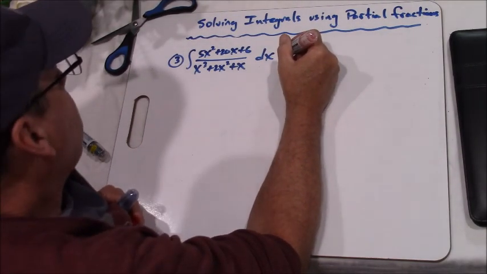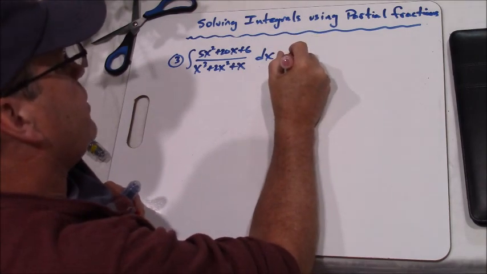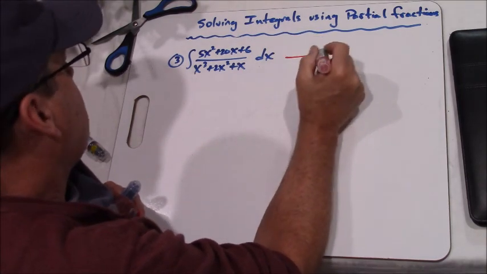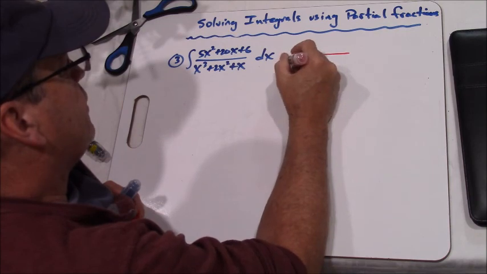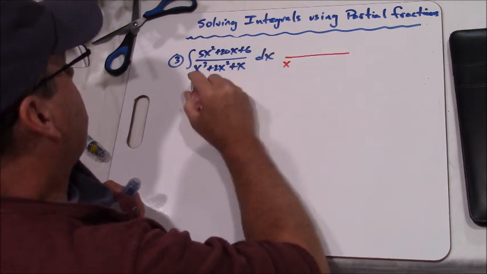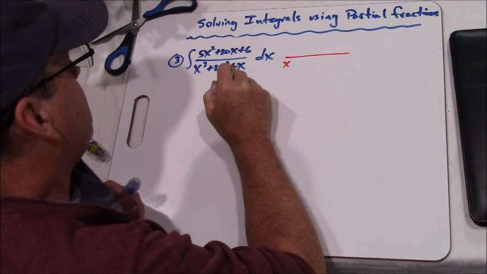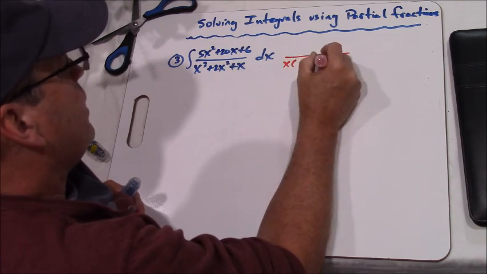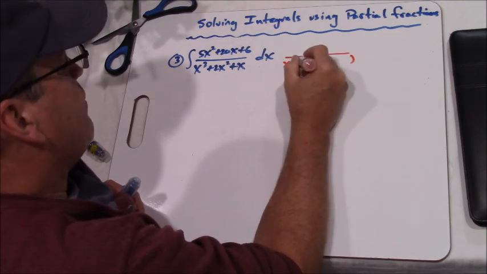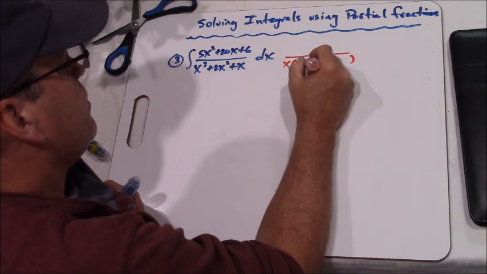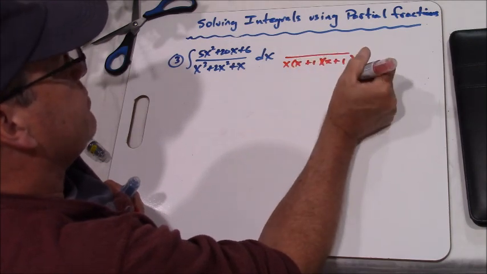All right, so let's see, in the denominator, if I factor out an x first, then what I'm left with is x squared plus 2x plus 1. And so if I factor that, I'd have x times x plus 1 plus 1.